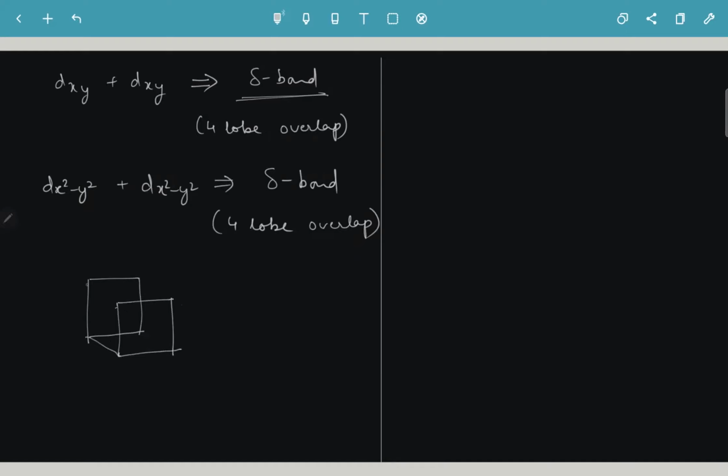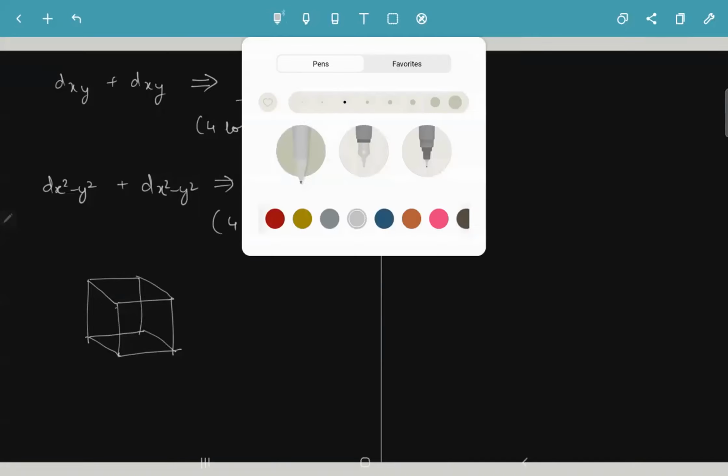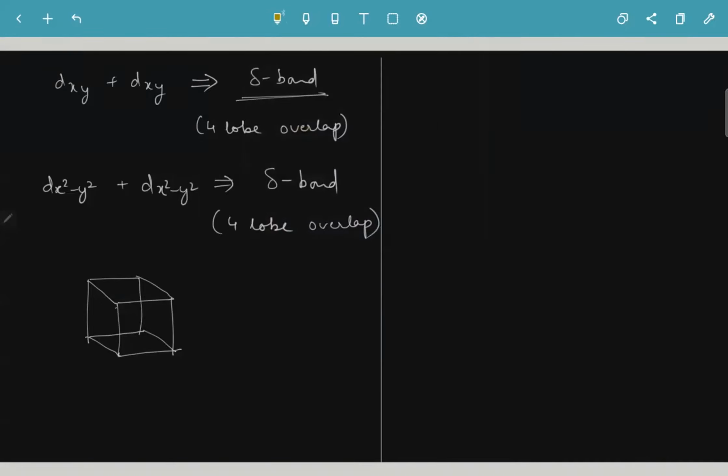Think of two parallel faces of a cube. ठीक है? एक फेस को मैंने एक डिफरेंट कलर से रिप्रेजेंट कर दिया.